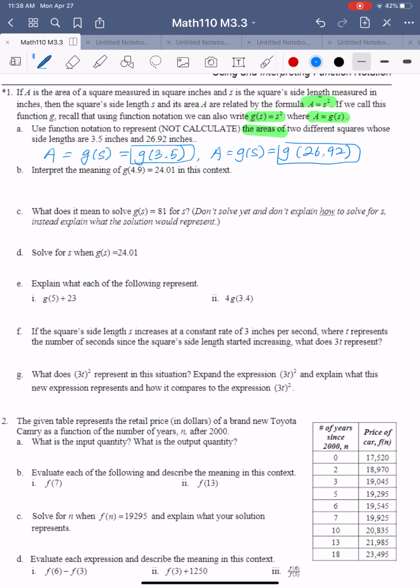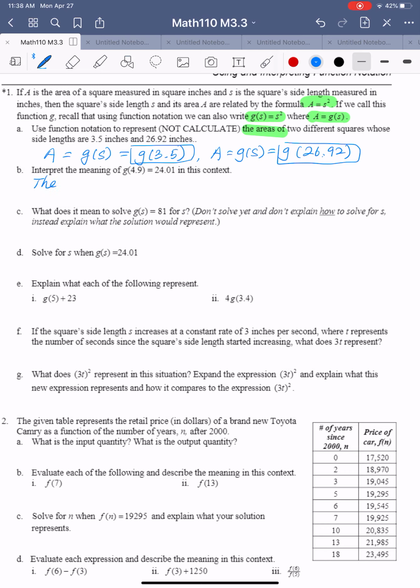Letter B, interpret the meaning of g of 4.9 equals 24.01. So in this case, we just need to read out the meaning in a sentence.